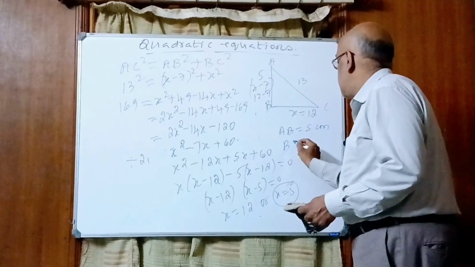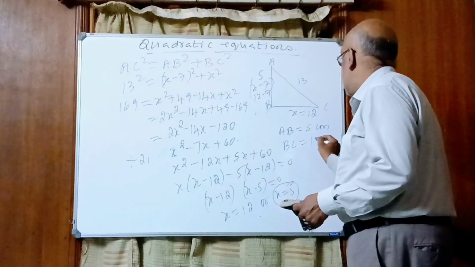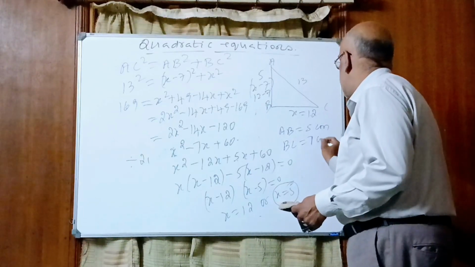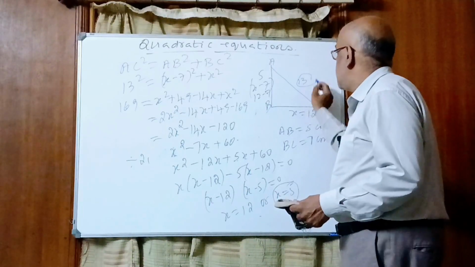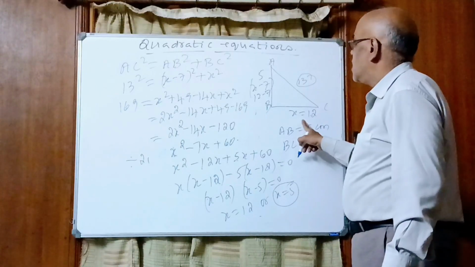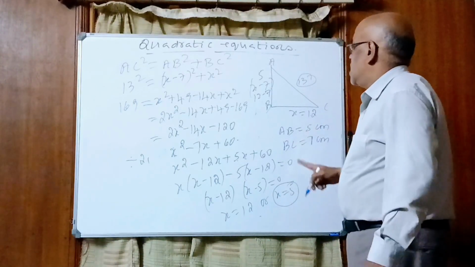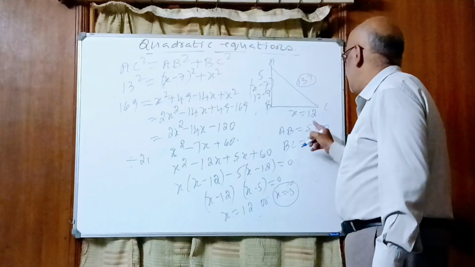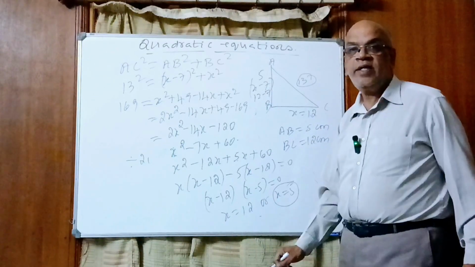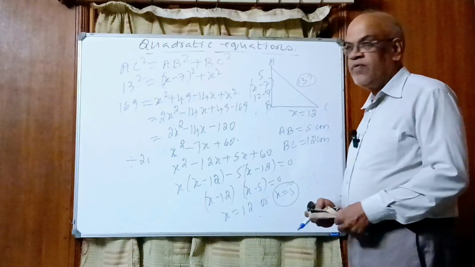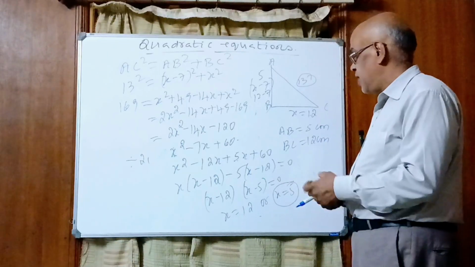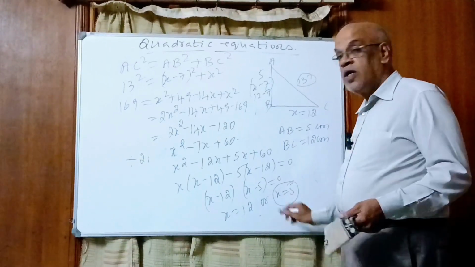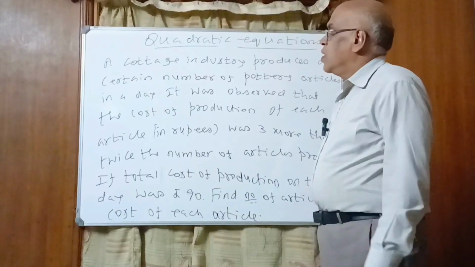Base BC is 12 centimeters, and the hypotenuse is given as 13. 5, 12, 13, therefore a Pythagorean triplet. Isn't it, children? Very tricky sum. You have to be very careful. Why x is 12, not 5.